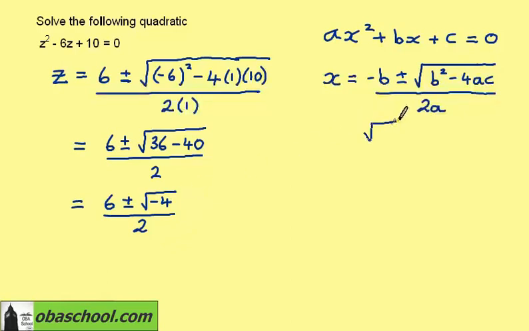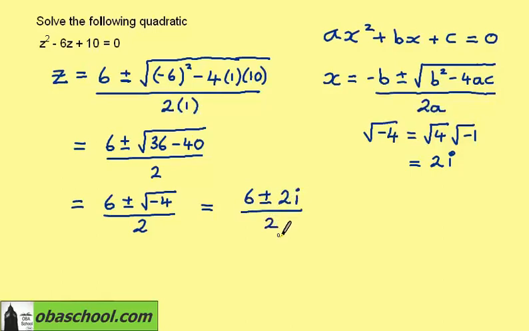Root minus 4, using our knowledge of surds, can be written as root 4 root minus 1. This is 2i. So this becomes 6 plus or minus 2i, all divided by 2, giving us 3 plus or minus i.